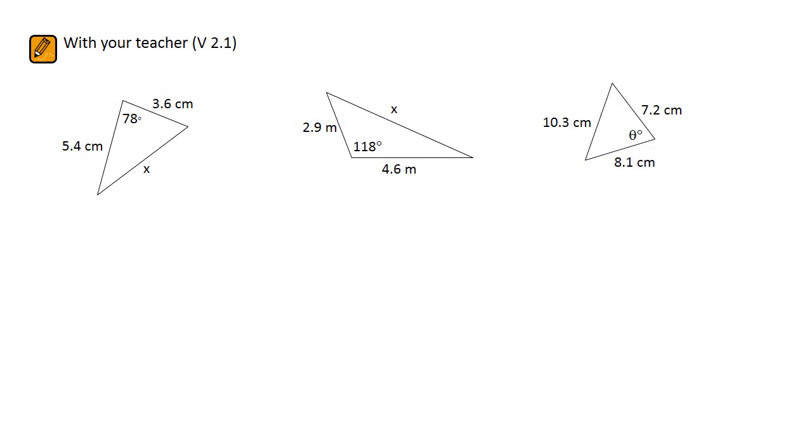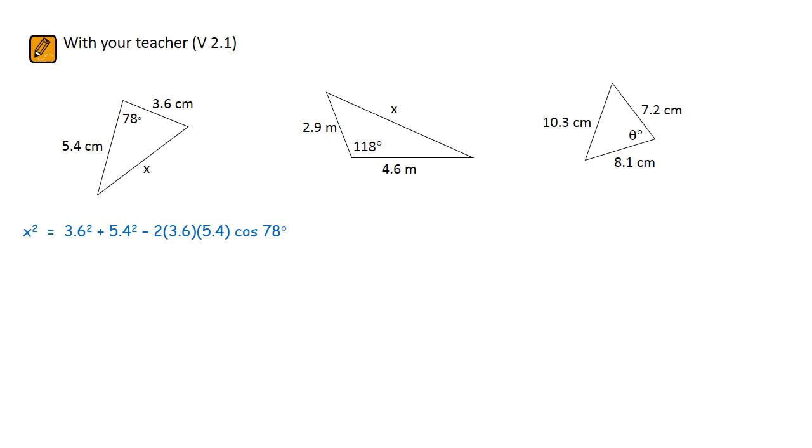In the first one, we say that x squared equals the sum of the squares of the other two sides minus twice their product times the cosine of the angle between them. So it's x squared equals 3.6 squared plus 5.4 squared minus 2 times 3.6 times 5.4 times the cosine of the angle in between 3.6 and 5.4.